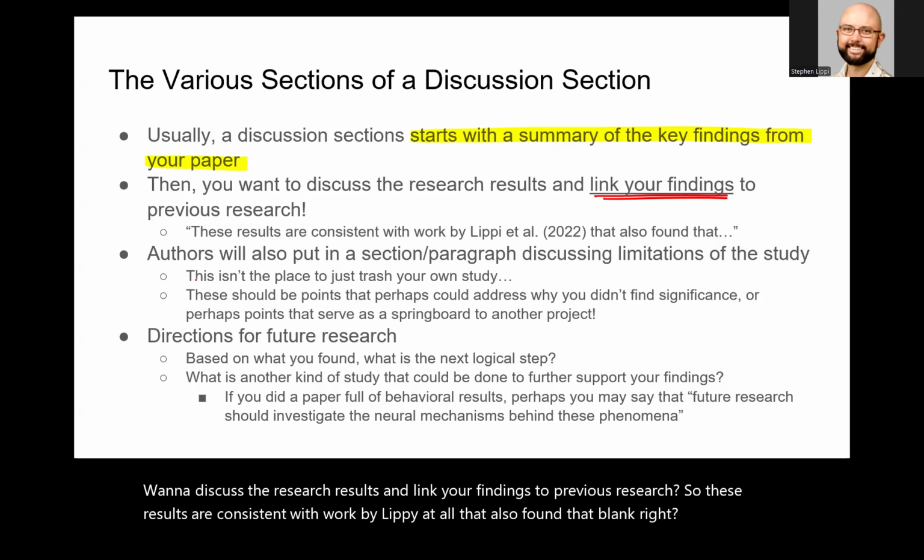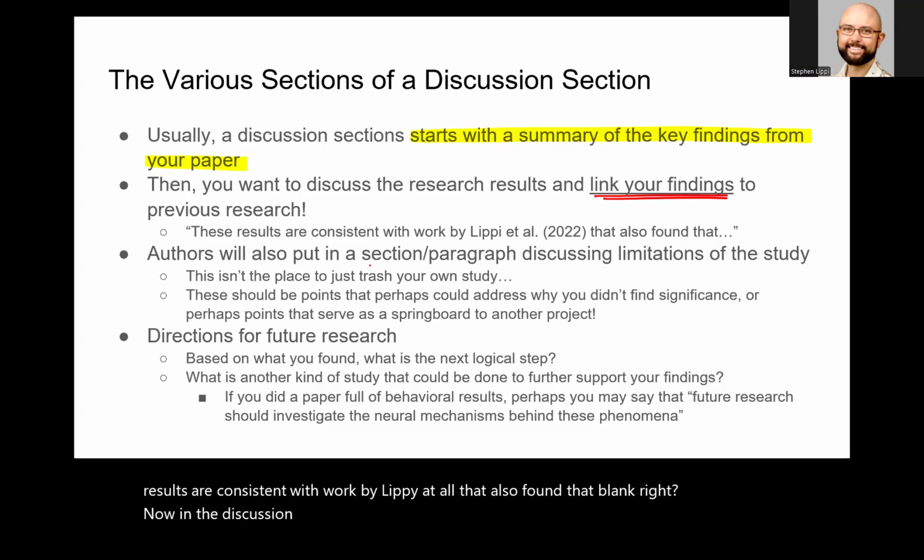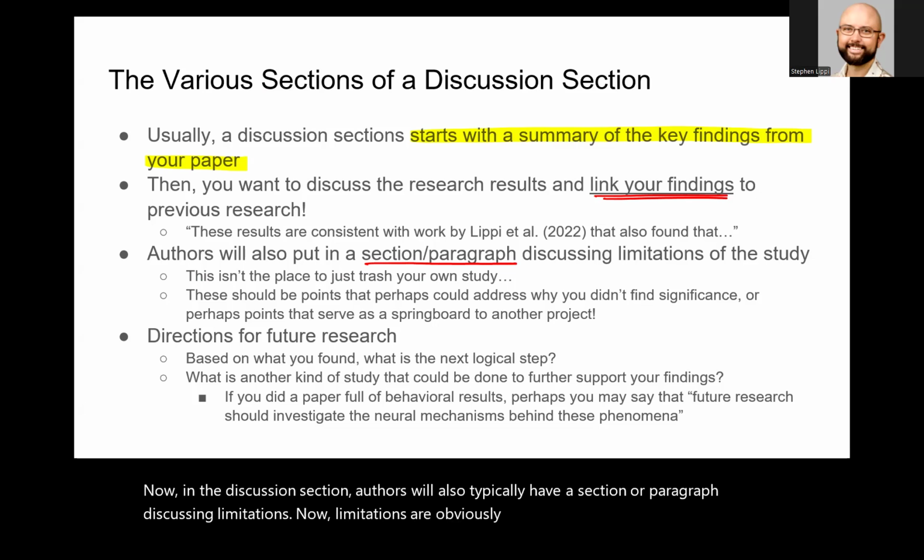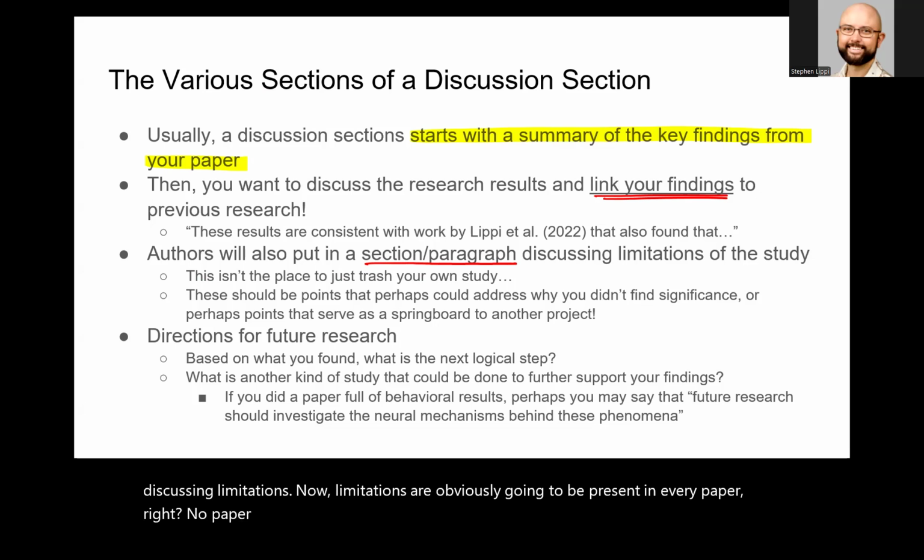Now, in the discussion section, authors will also typically have a section or paragraph discussing limitations. Limitations are obviously going to be present in every paper, right? No paper is perfect. No paper is able to completely eliminate everything.